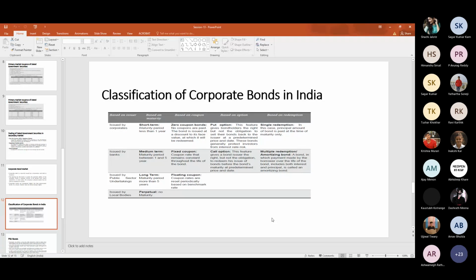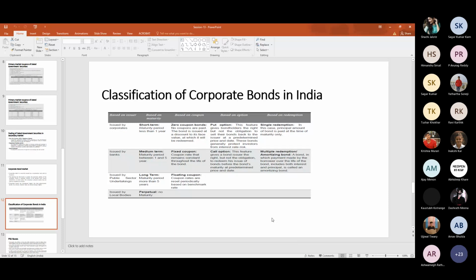If the maturity period is 10 years, then once the maturity is over, the principal of the bond will be paid. But there are certain bonds called multiple redemption or amortizing bonds, where payments are made by the borrower over the life of the bond. They include both interest and principal, and these are called amortizing bonds.